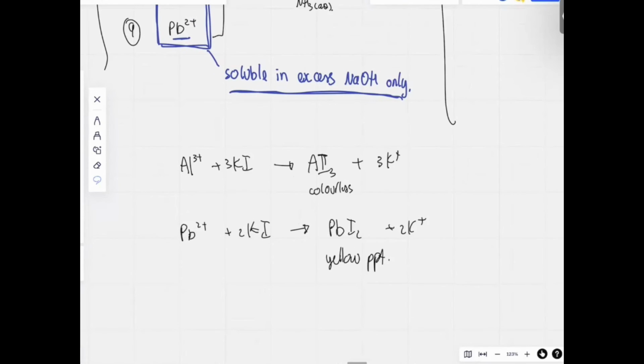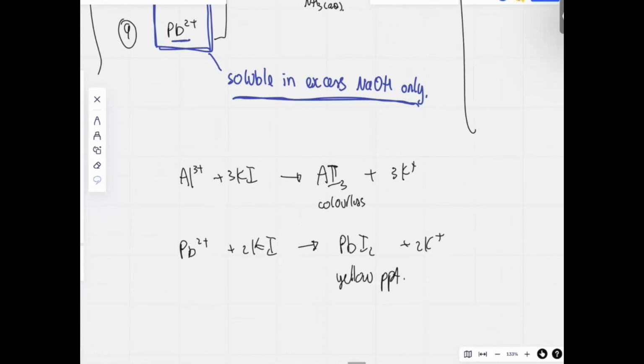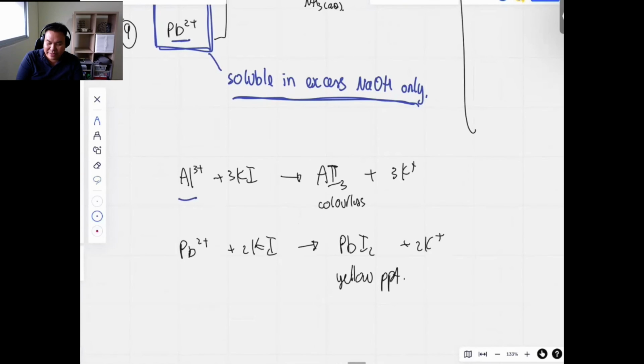KI provides the I minus. Al3+ with KI, you get a colorless solution. You see nothing, as if there is no reaction. Pb2+ with KI, you get PbI2, which is yellow.